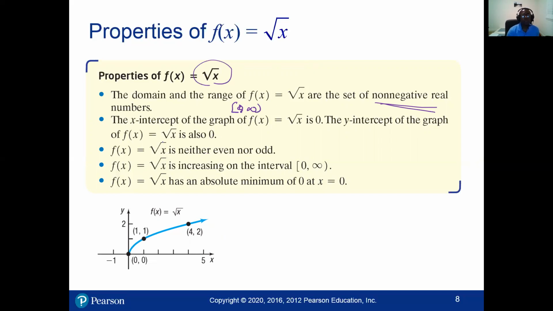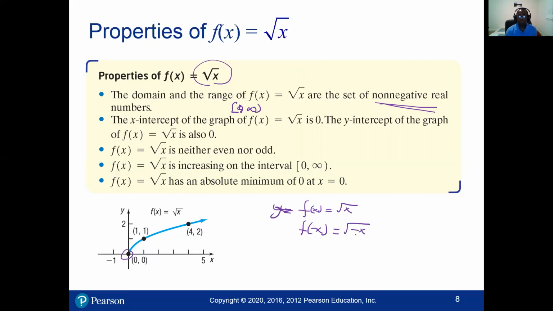Now what are the x and y intercepts? The x intercept is the origin. The y intercept is also the origin. Now, if you look at this function, it is neither even nor odd. I will show you for this one, but for the others we will look at, I will not show. Your f of x is equal to the square root of x. To test whether it is even, just a review, you plug in negative x, and what is the square root of negative x?